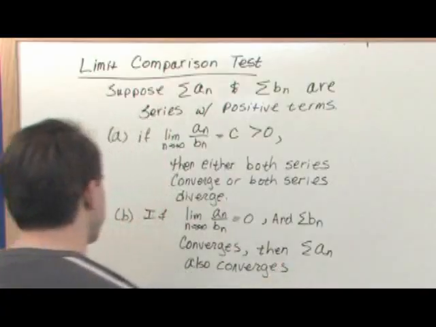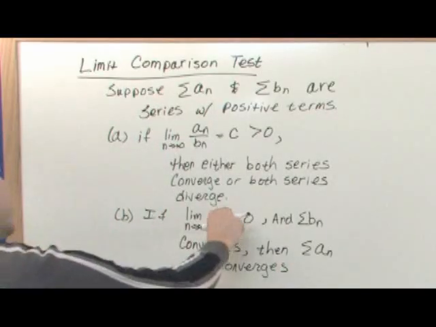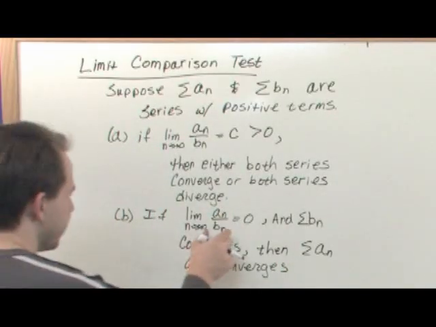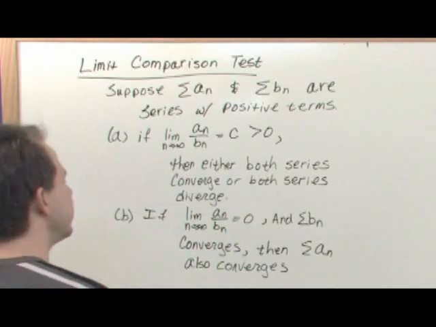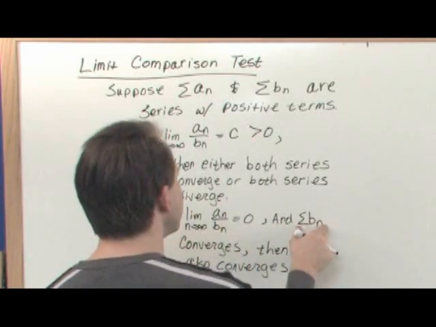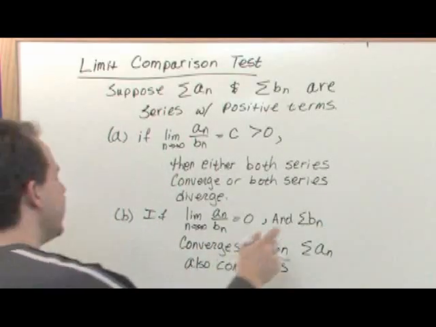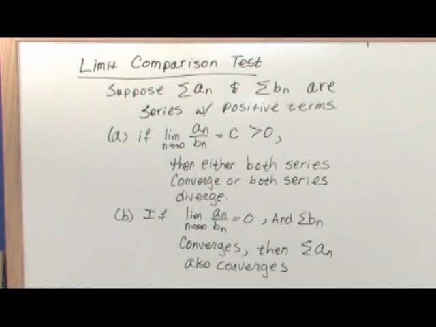Okay, so it's another if statement. If the ratio of the terms, and these are the terms, by the way, these are not the summation, this is just the ratio of the terms as n goes to infinity approaches 0, and you can prove that b sub n converges, then a sub n also converges.